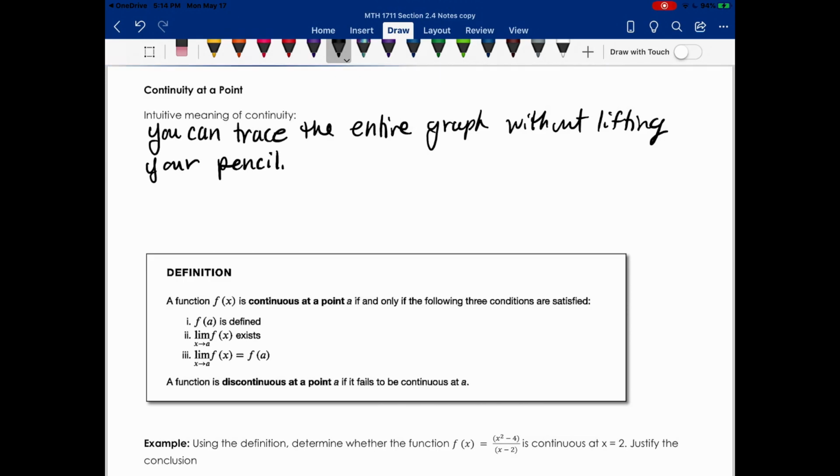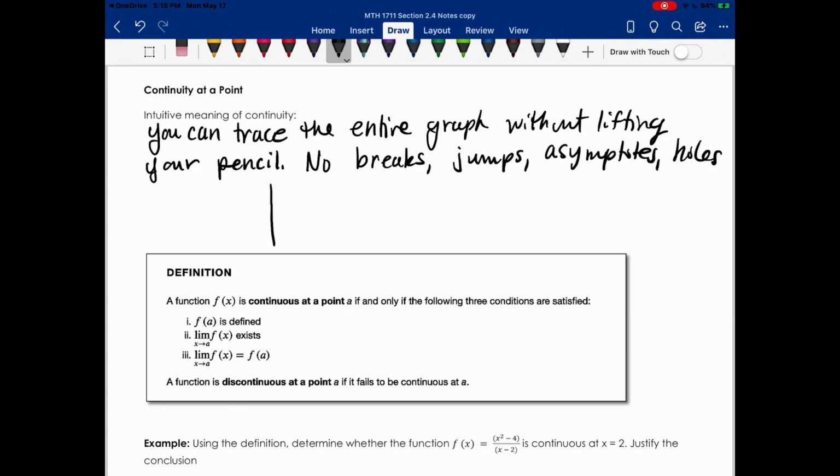So in other words, when we look at the graph, there's no breaks, jumps, asymptotes, or holes. So for example, if I had a graph that had a hole in it, when I go to trace that graph, I would have to pick up my pencil to jump over the hole and keep going. So there's a break in the graph, which means it's not continuous in the intuitive sense.